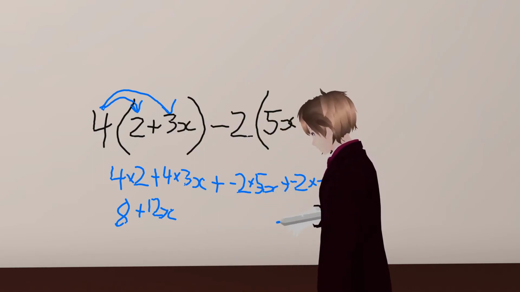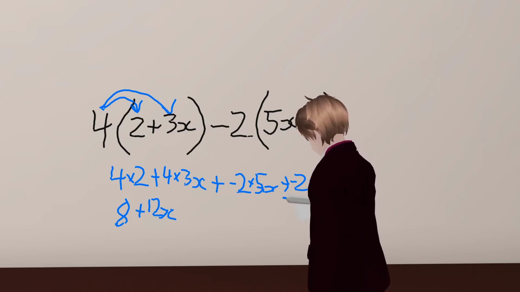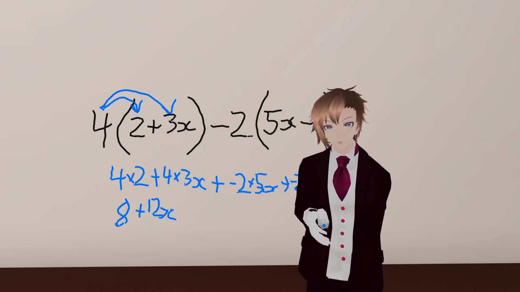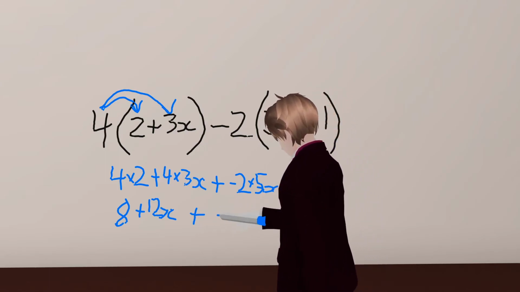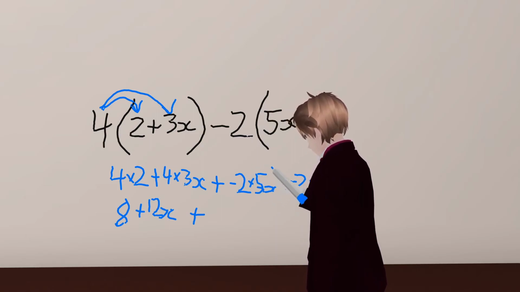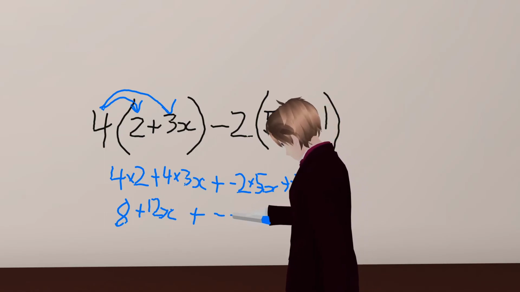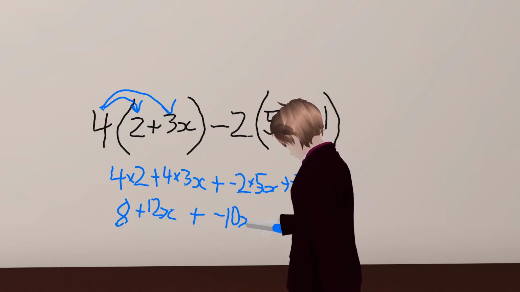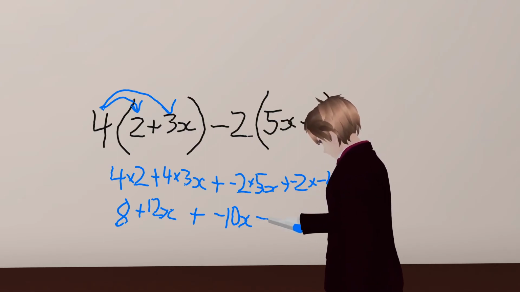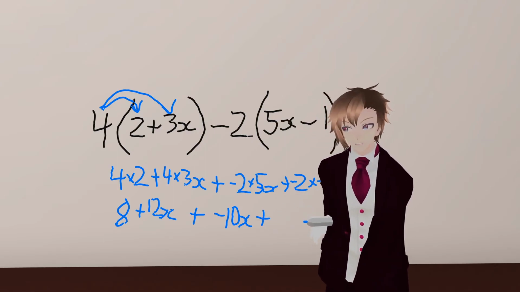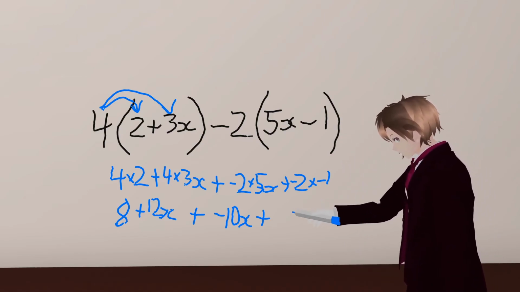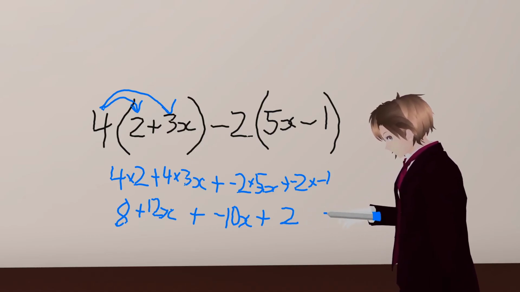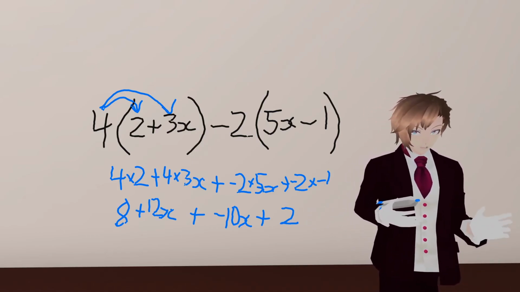This is why I put my placeholder pluses in. We've got a whole bunch of negatives all over the place, and we don't want to forget one. So we have plus negative 2 times 5x is negative 10x, plus negative 2 times negative 1, which is just going to be 2, because two negatives make a positive.